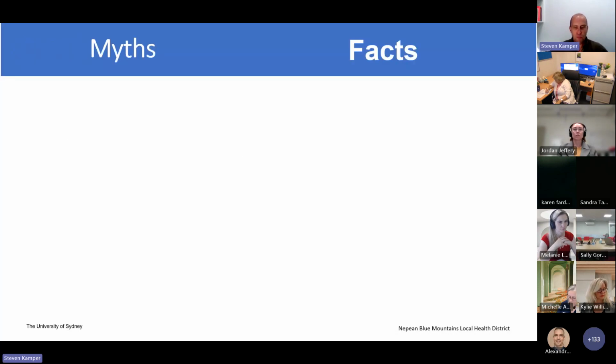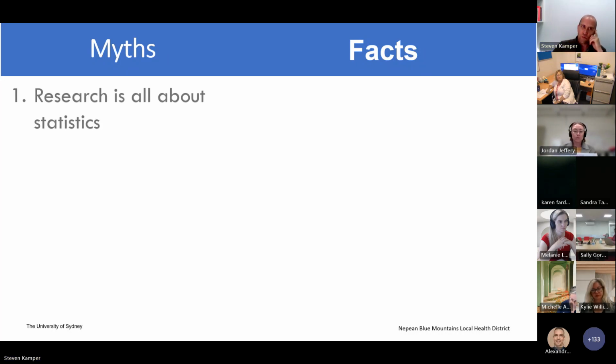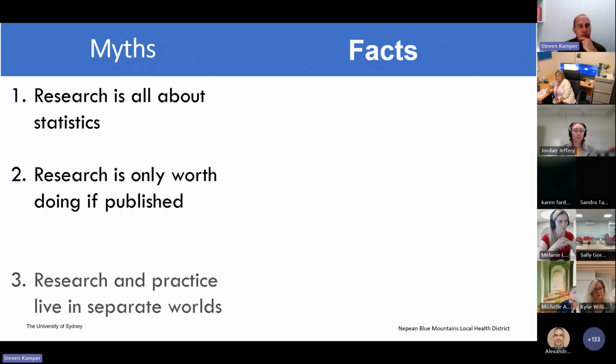Okay, so along this theme of what is research, I wanted to start with a few myths and facts. There's a couple of myths that I come across whenever I'm talking both to clinicians and to researchers about research. One is that it's all about statistics.